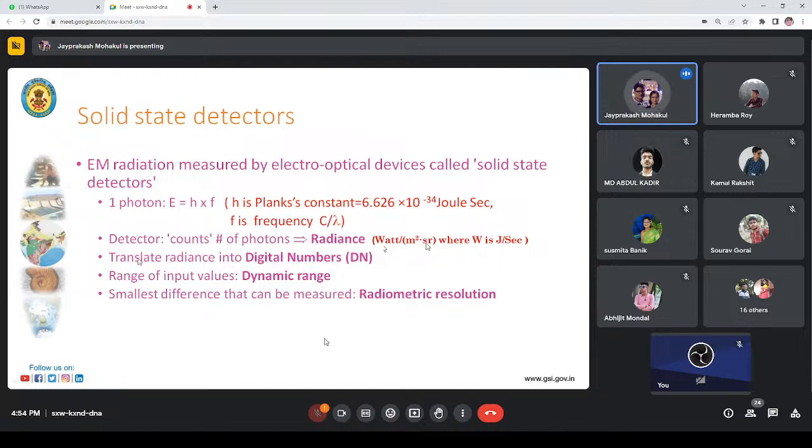So radiance is measured in watt per square meter per steradian, and this is converted into a digital number. This process is known as quantization, and depending upon the radiometric resolution, it can vary from 0 to 255, or if it is 9 bit, 10 bit. 8 bit quantization means 2 to the power 8, so that many levels of energy can be measured.